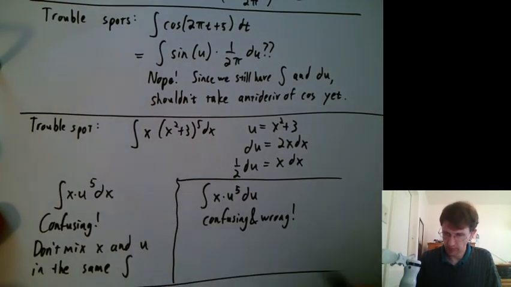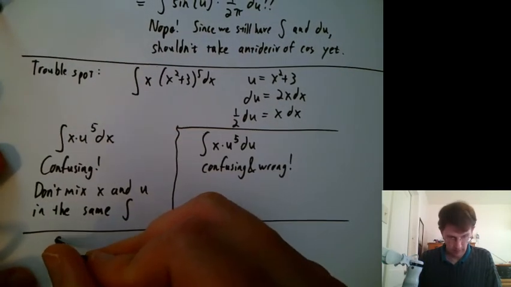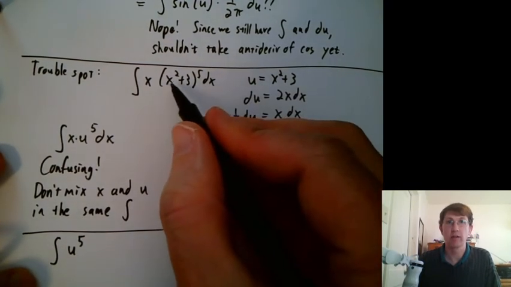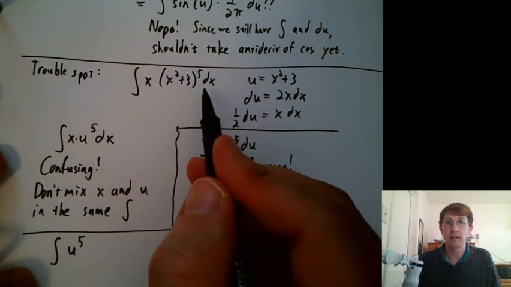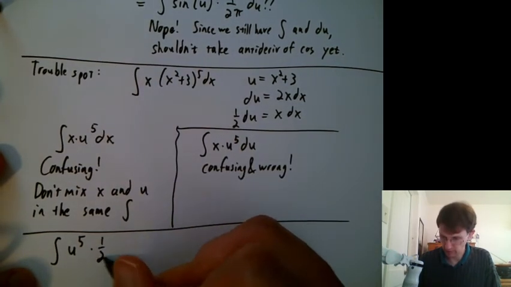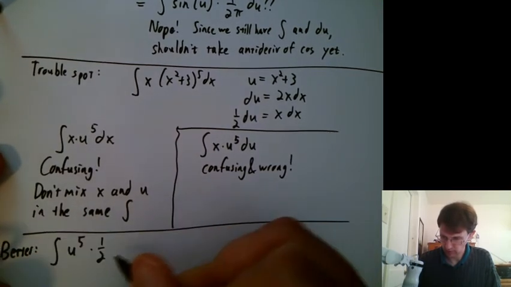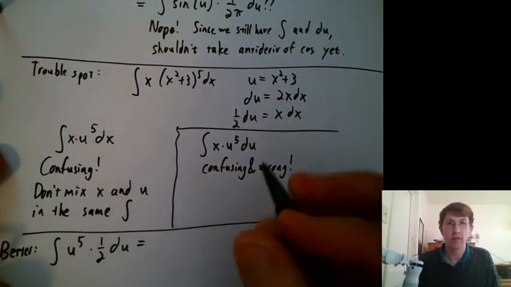So what's the right way to do it? So we'd say integral of u to the fifth, changing out the inside stuff to the fifth with u, and then the x dx gets replaced with 1/2 du. What's the integral of u to the fifth?